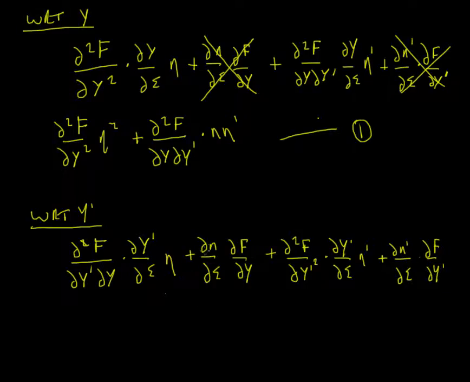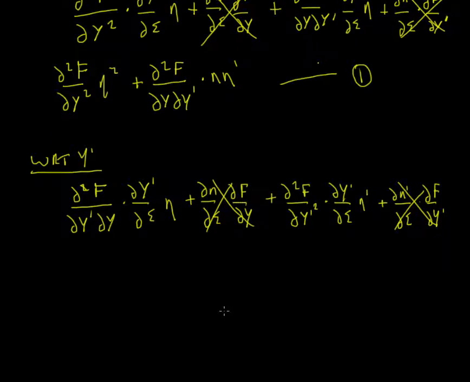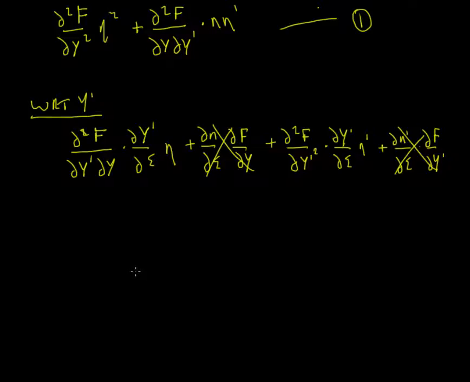Now again, eta is not a function of epsilon, so that cancels. So you're going to be left with two terms. You're going to have partial squared f, partial y derivative, partial y, times eta times eta derivative, when we differentiate that.